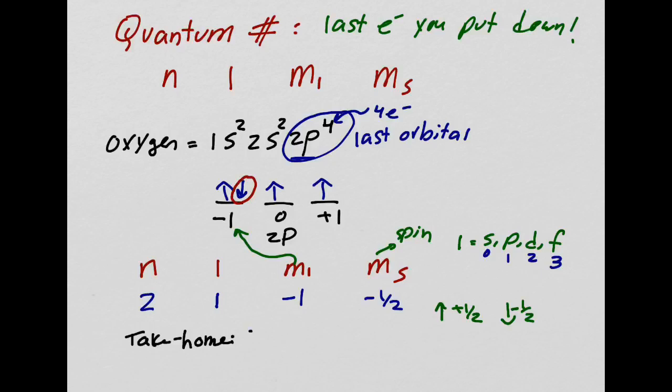No way. Quantum number. And remember, the quantum number is always N, L, M sub L, M sub S, in that order. Do the quantum number for potassium and for phosphorus. We'll go over that next time. Alright, nice job. Keep it up.